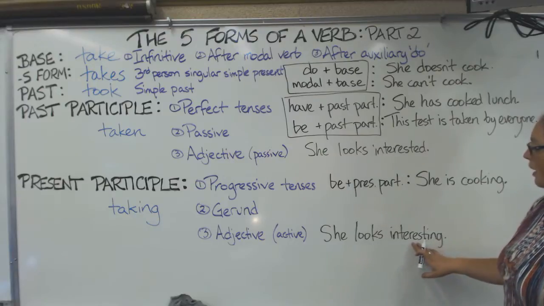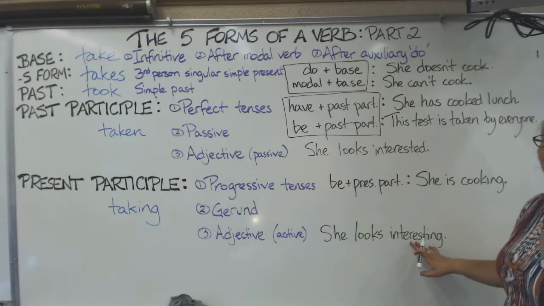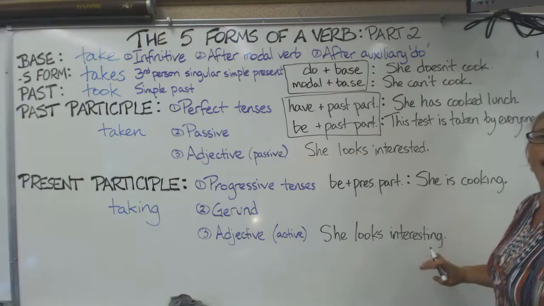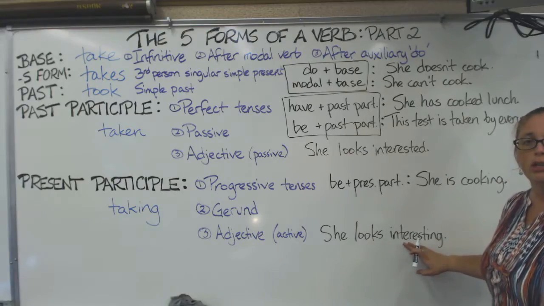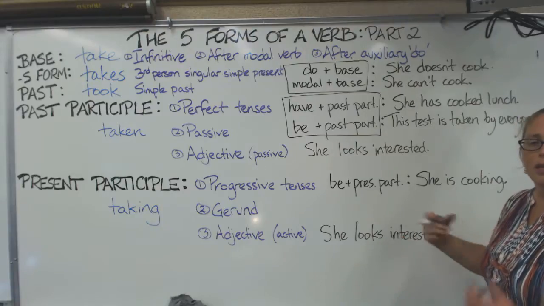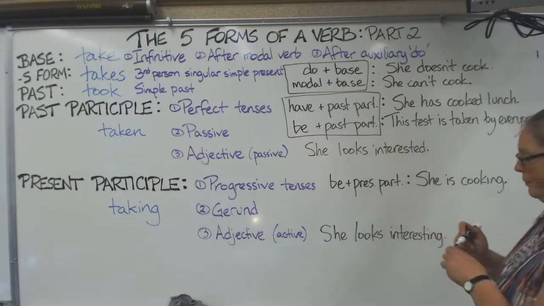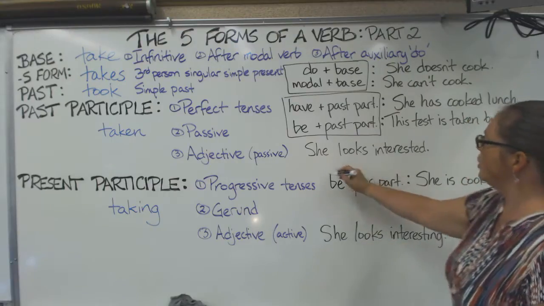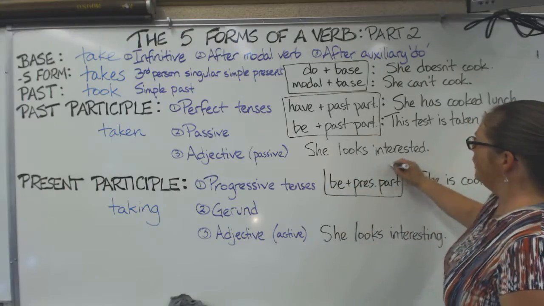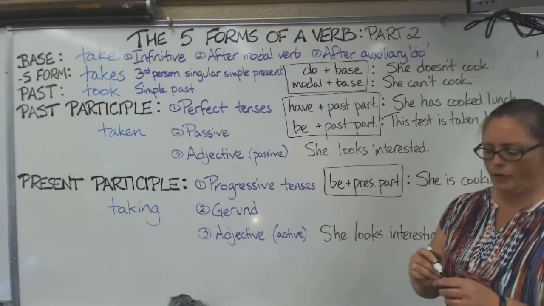That means I would like to know more about her. I would like to listen to her. She could interest me. So, again, not an auxiliary verb. So our auxiliary verb here is the be verb.